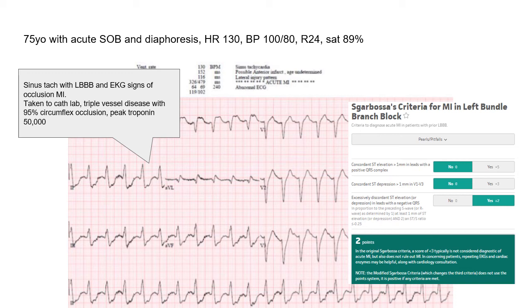Concordance refers to where the ST elevation or depression goes relative to the majority direction of the QRS. If the QRS is majority negative, a discordant ST elevation is going in the opposite direction. Discordant is normal, right? We expect that. Concordant is always abnormal. So if we see ST depression with a negative QRS, that's concordant, and that is worrisome for a STEMI or a STEMI equivalent.